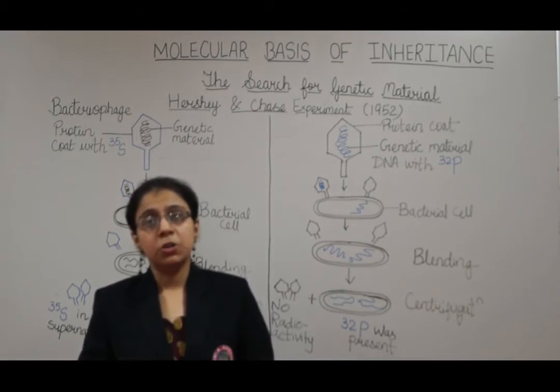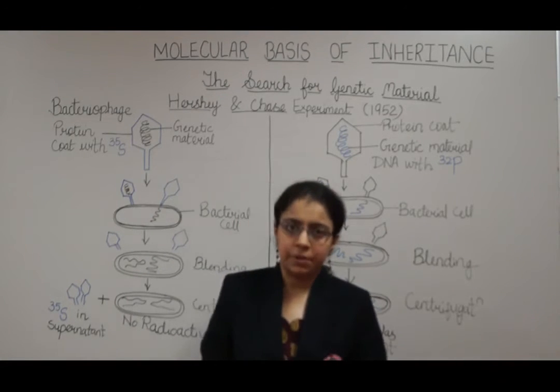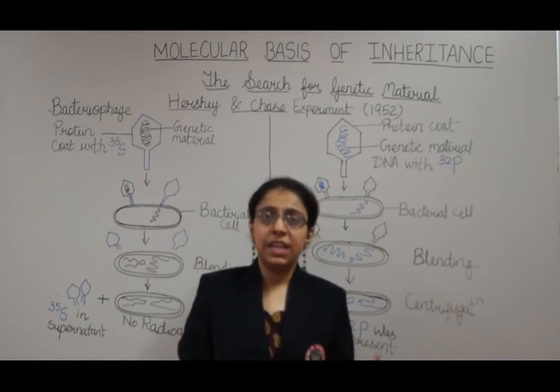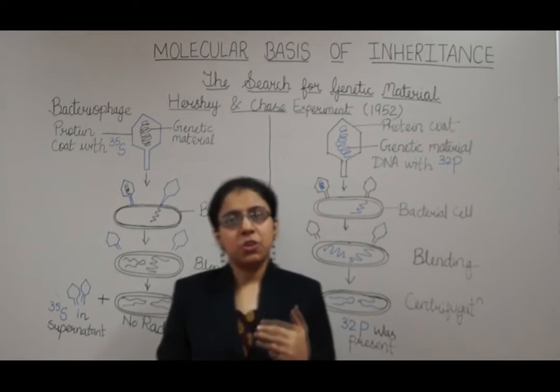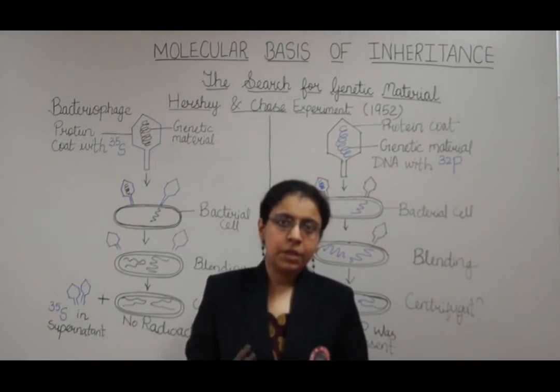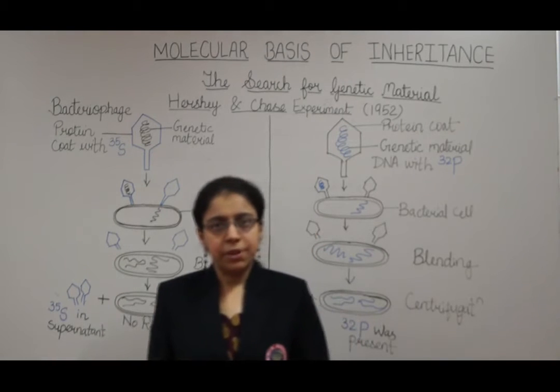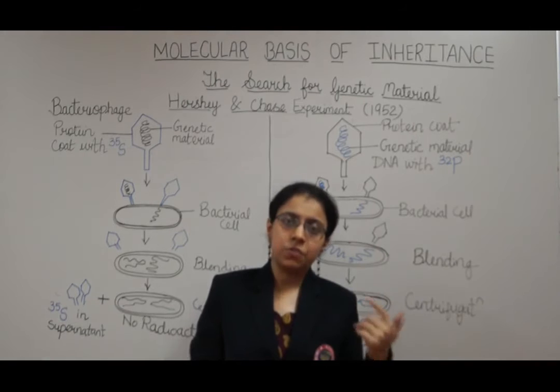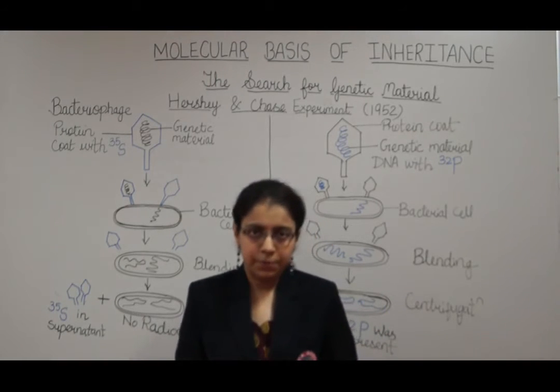The protein coat shows the presence of sulfur, whereas the genetic material, that is the DNA, shows the presence of phosphorus. The point to remember over here is proteins have sulfur but not phosphorus, whereas DNA has phosphorus but not sulfur.